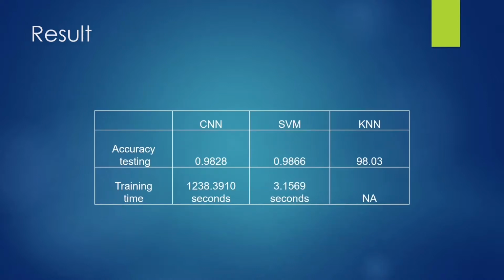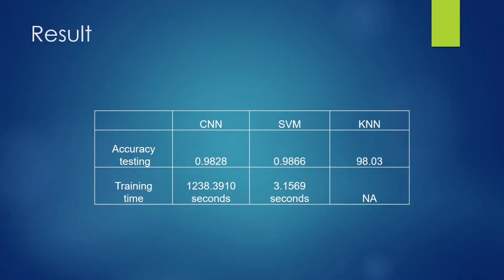And this is a comparison between CNN, SVM, and KNN. The best accuracy on testing data is SVM, about 98.6%, and the training time has huge differences.